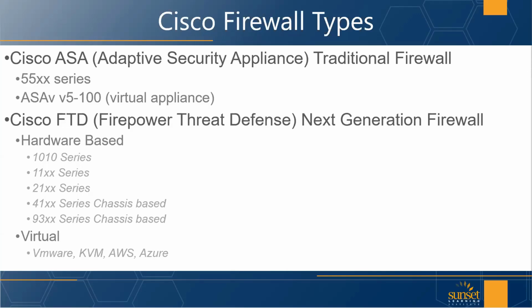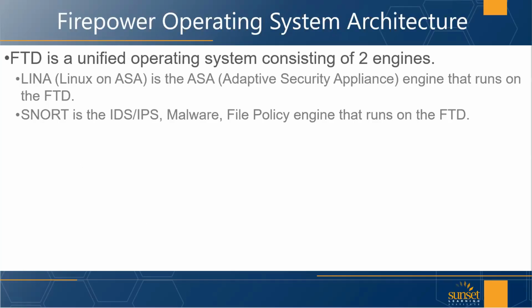So now we're going to talk a little bit about the architecture of Firepower and what goes on. So I said before that an FTD, or next generation firewall, as we call it, is a firewall, but it has IDS, IPS in it also. And this is really what we're showing you here. So the FTD is a unified operating system consisting of two separate engines. There's the Lina engine, which stands for Linux on ASA.